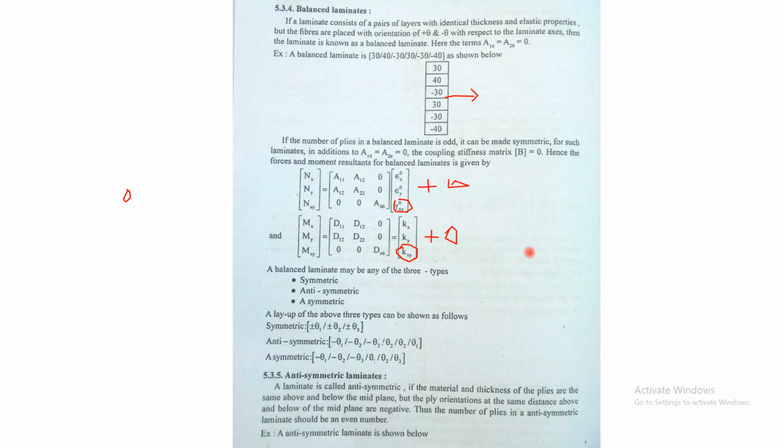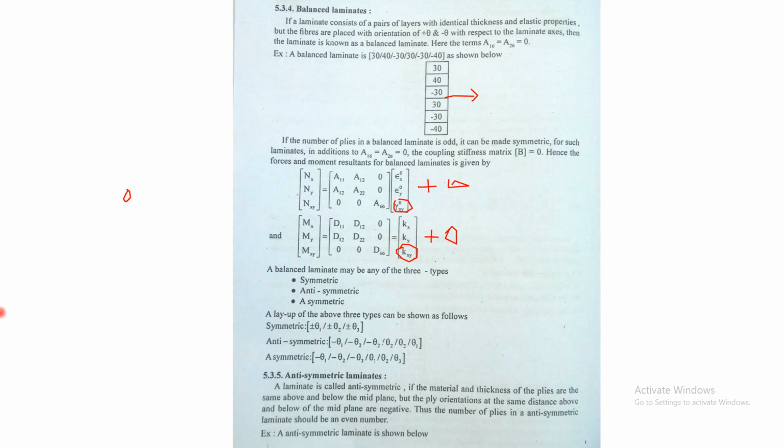Okay, so that is the meaning of balanced laminates. In balanced laminates, there may be a possibility of having symmetric laminate, anti-symmetric laminate, and asymmetric laminates. These are all the possibilities that may come under balanced laminates.